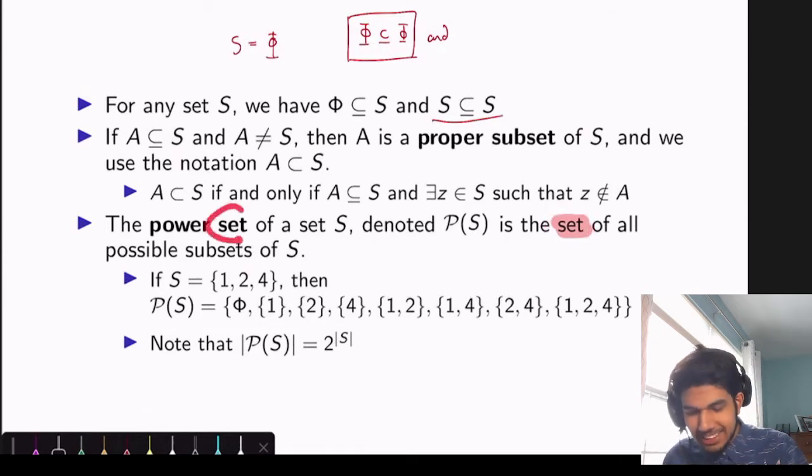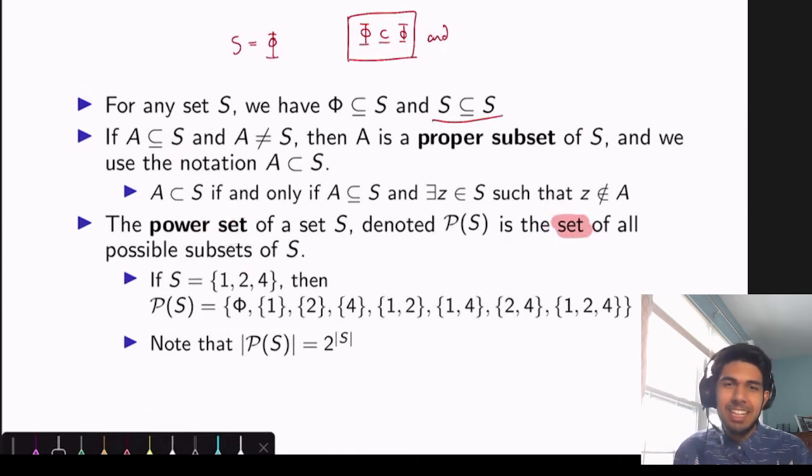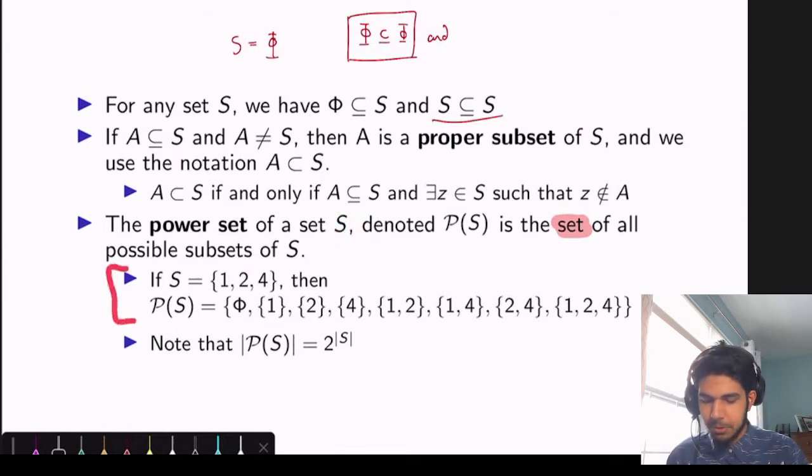And I know it says set in the name, but sometimes we forget about this. But yes, the power set is a set, and the elements of P of S are all of the subsets of S. So if we were to take any element from P of S, that should be a subset of S. So let's take a look at this example here.